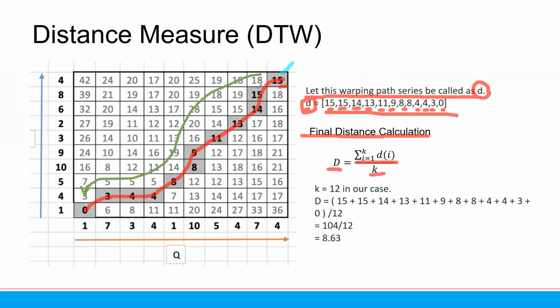So we have 1, 2, 3, 4, 5, 6, 7, 8, 9, 10, 11, 12. We have 12 data. So in this case, k equals 12. Then we will do the summation for all the data and then divide it by 12. So we have the value 8.62, because this is the distance between P and Q using the dynamic time warping.